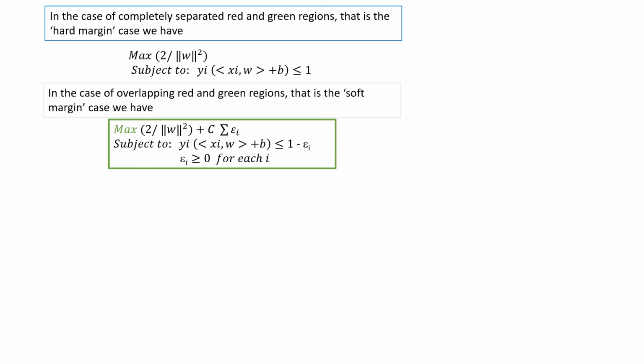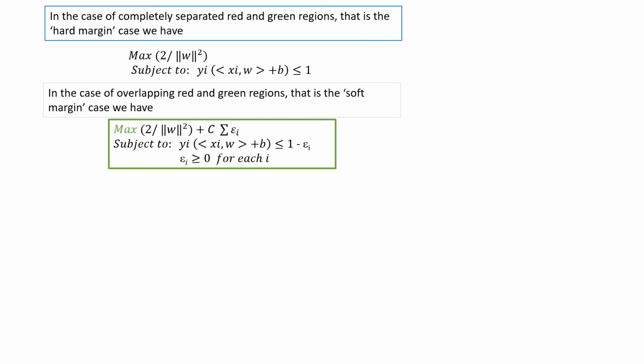So the additional condition is that, subject to conditions, the inequalities. Whatever we have is not just less than or equal to 1, but less than or equal to 1 minus epsilon i. And remember, epsilon i is equal to 0 for all the points on the support vectors and above. But anything that is violated gets a positive number. So only 2 equations come with the violated values in this set of equations.